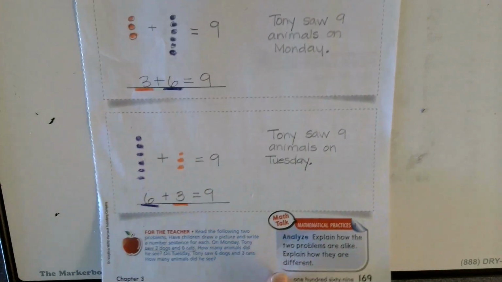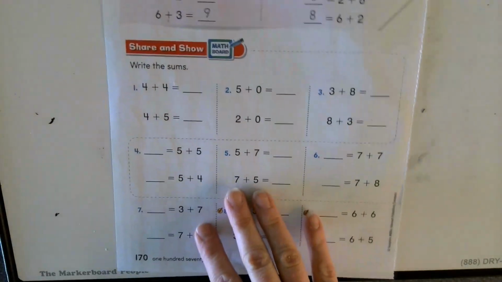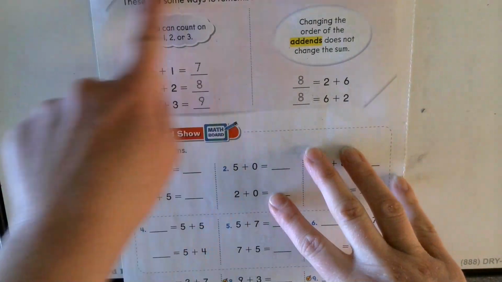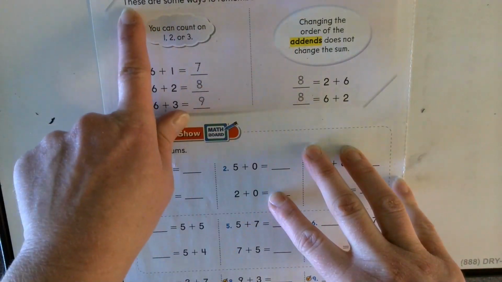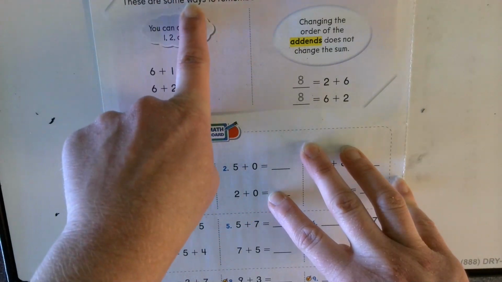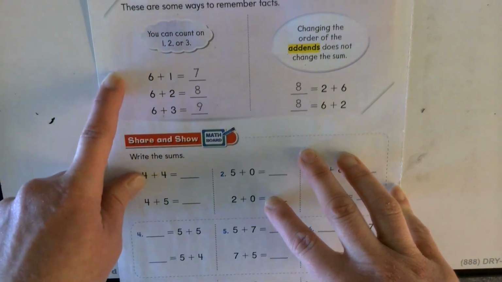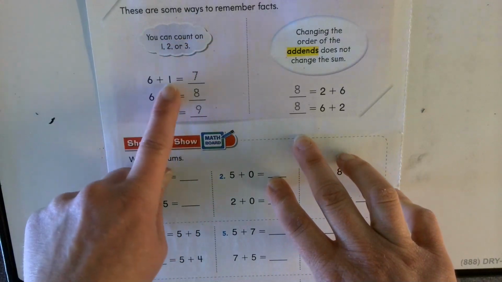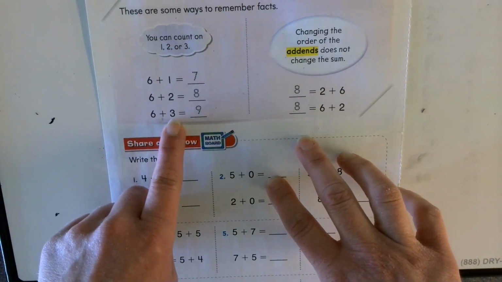Now we're going to turn the page over and look at page 170. Oh my goodness, in Model and Draw. These are some ways to remember facts, or they could say these are some strategies to remember facts. You can count on by 1, 2, or 3.